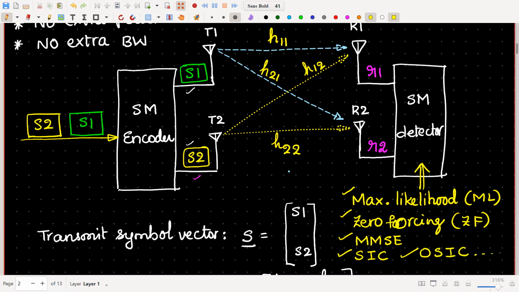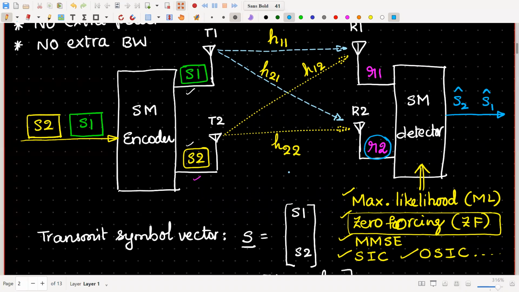Anyway, say we make use of the zero forcing method, and say we made an estimation S2 cap for S2 and S1 cap for S1.